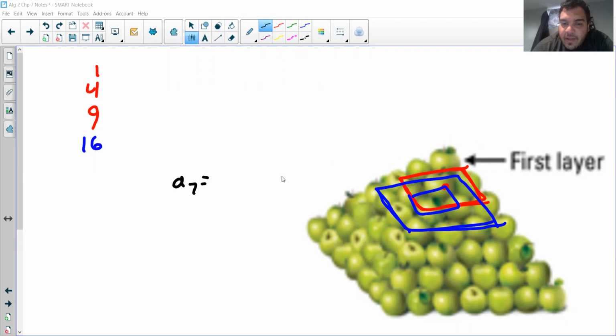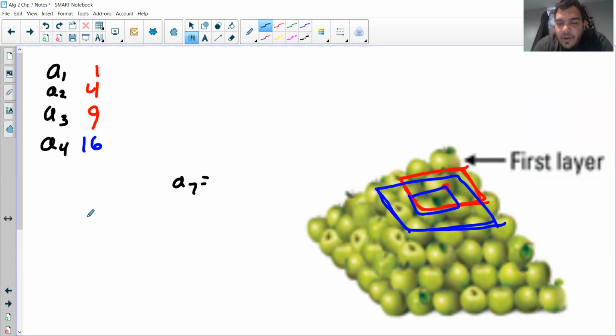If you don't get it right, I'll just explain a little bit and you go like 1 minute later. But if you think you can, tell me what the 7th term is. This would be A1, A2, A3, A4. So try to look at it and see if you can find the 7th term.